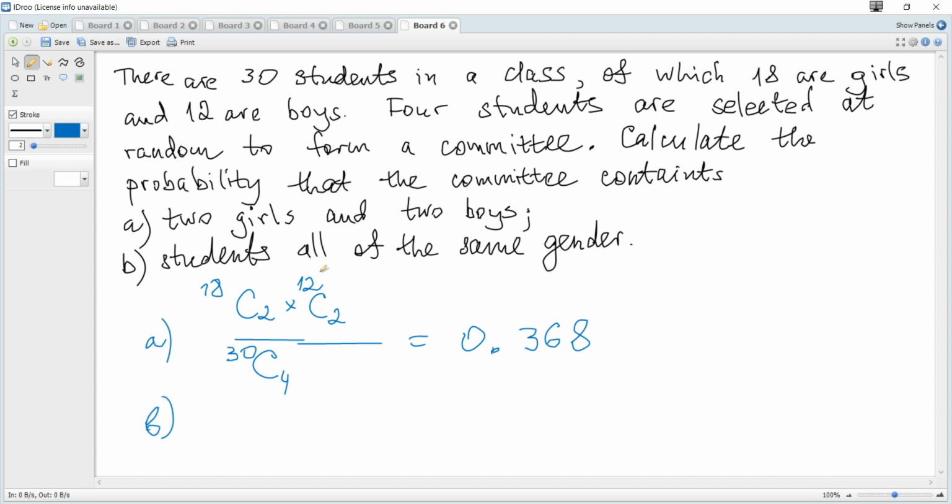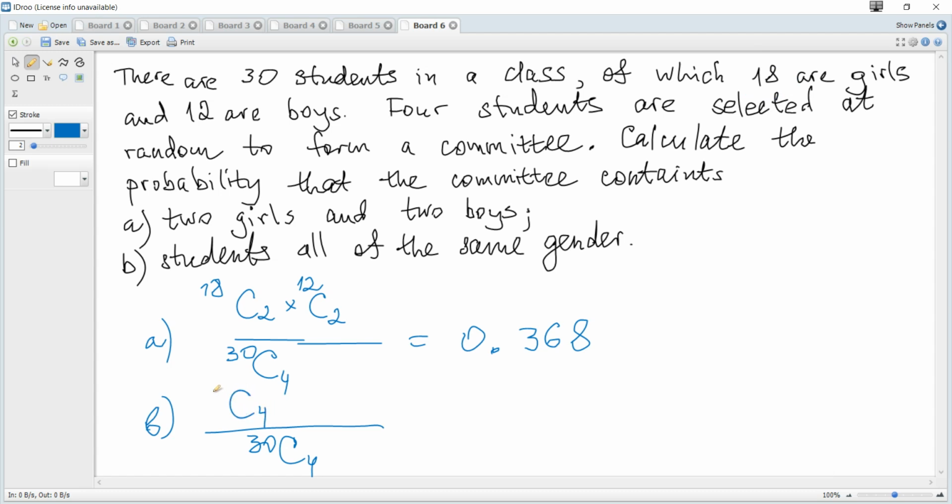B. Students all of the same gender. And again, it's probability, and also it will be divided by combinations 4 out of 30. And it may be all boys or all girls, or it means plus. So the number of ways to choose 4 girls out of what? Out of 18.